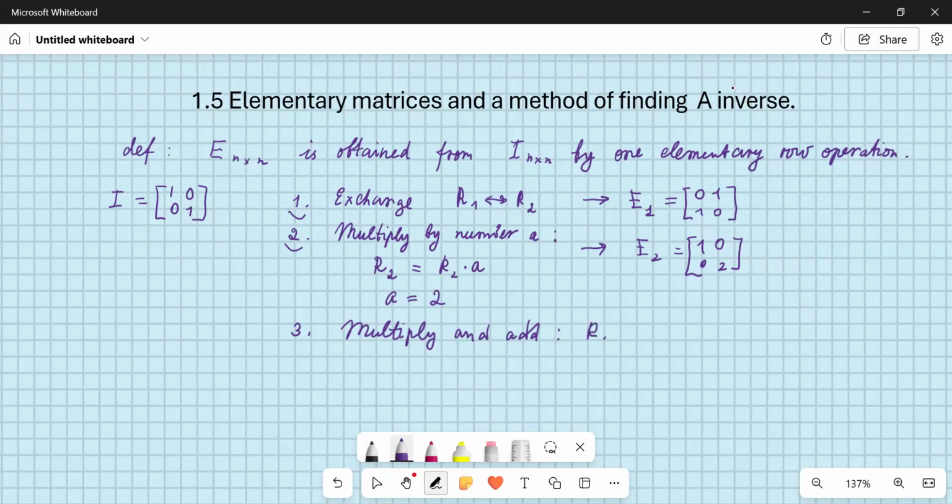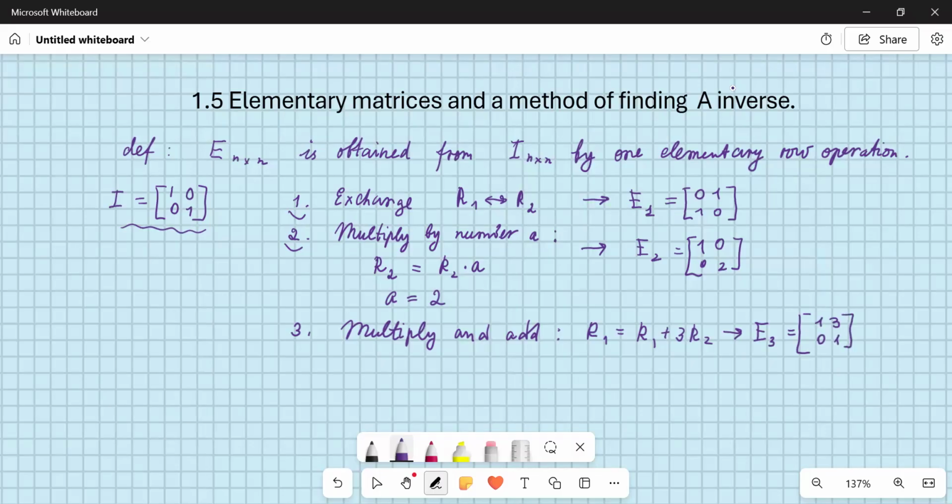So I'm going to take row number 1 equals row number 1 plus 3 times row number 2. Just as an example, here is how my elementary matrix is going to look. If I take row number 2 of this identity matrix multiplied by 3, I'm going to get 3 over here. And if I add it to row number 1, I'm going to get the next matrix 1, 3, 0, 1.